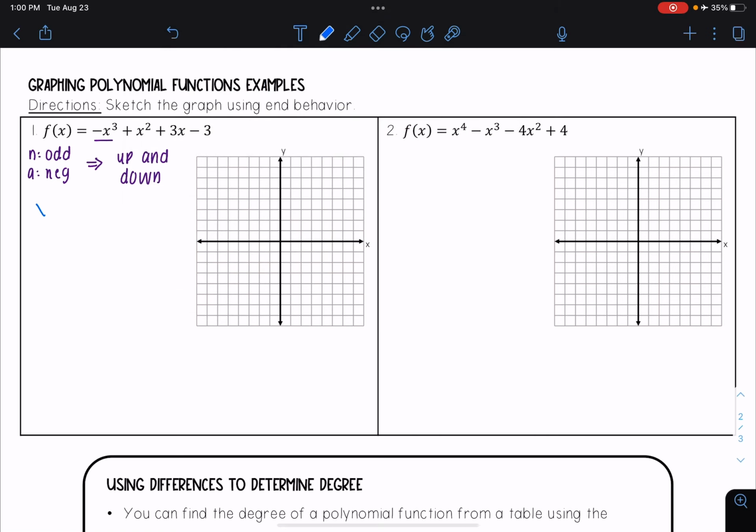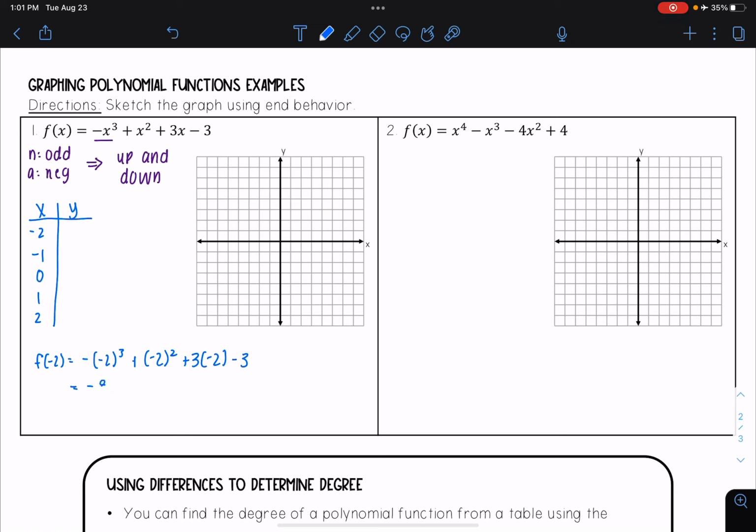I'm going to just start with x being negative 2, negative 1, 0, 1, 2. Then I need to plug those values into my equation to find what my y value is equal to. So I'm going to first plug in negative 2. When I plug in negative 2, I have negative 2 cubed plus negative 2 squared plus 3 times negative 2 minus 3.